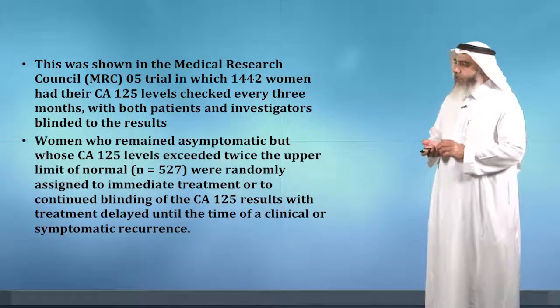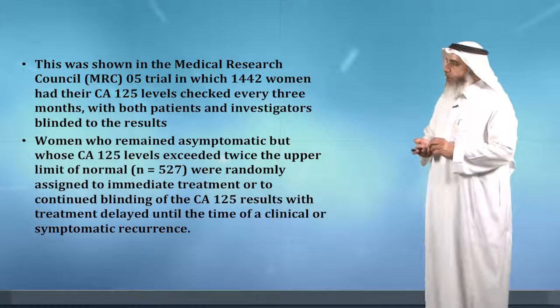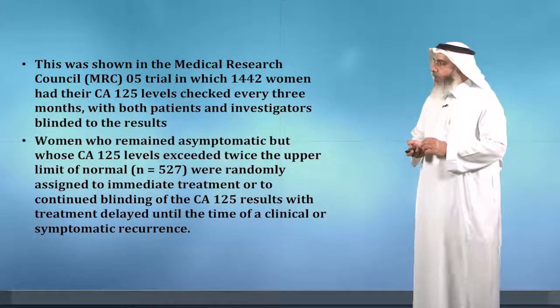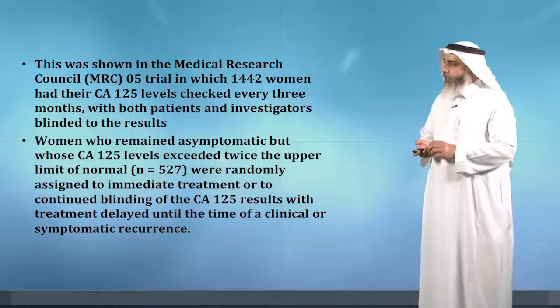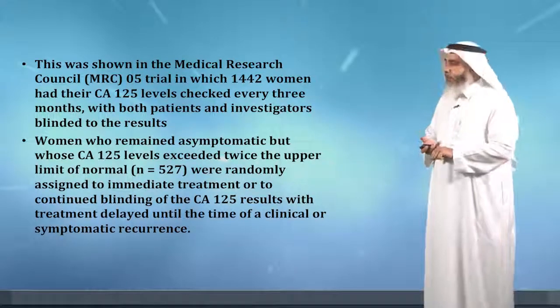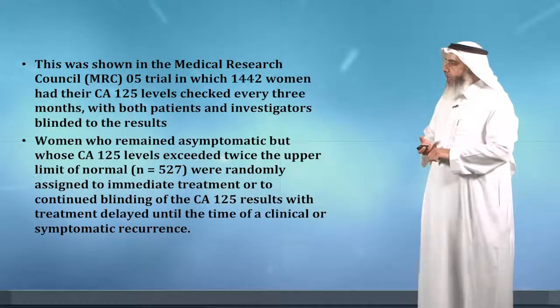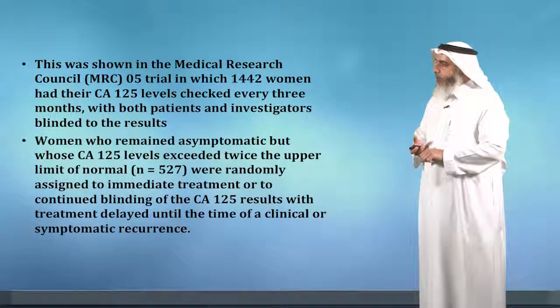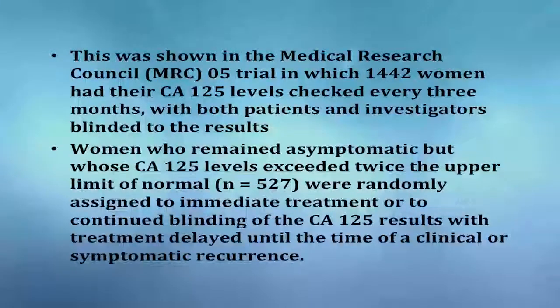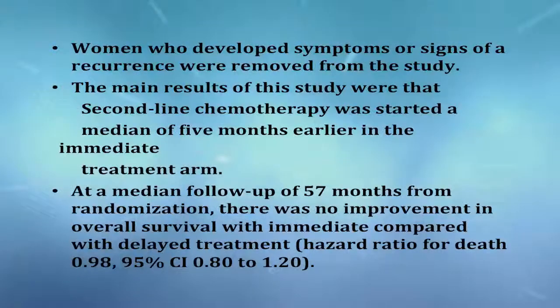There is a study from the Medical Research Council of the UK, the 05 trial, where they checked 1,400 ladies whose CA125 was tested, and compared these patients to patients with disease without testing, and they found there is no major benefit of starting treatment based on CA125 testing alone.